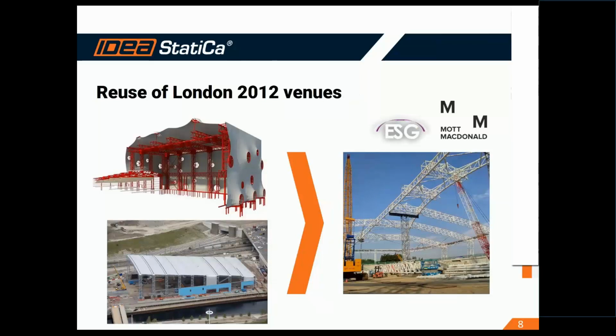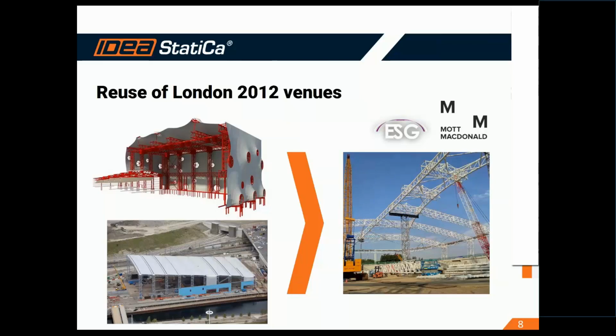This velodrome has been a very challenging project, mainly because of a limited budget and time frame, but also because it facilitated the reuse of two temporary venues from the London 2012 Olympics in order to form this venue, which will be a permanent structure.